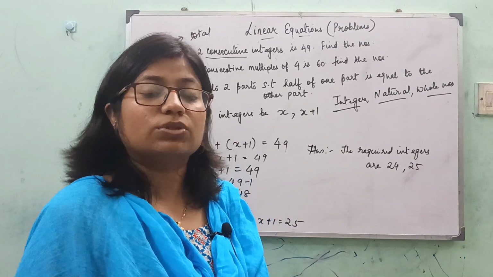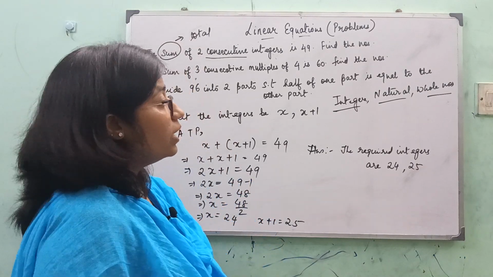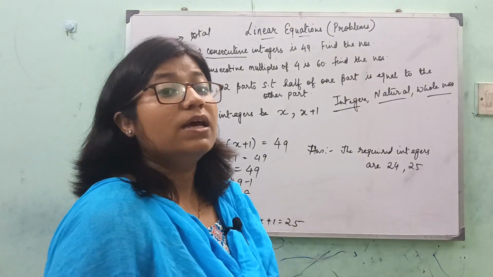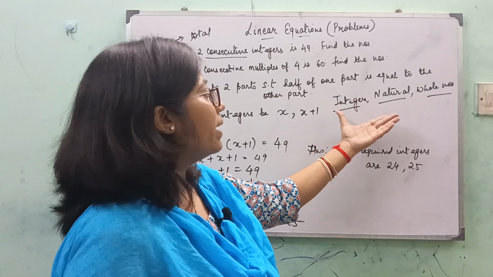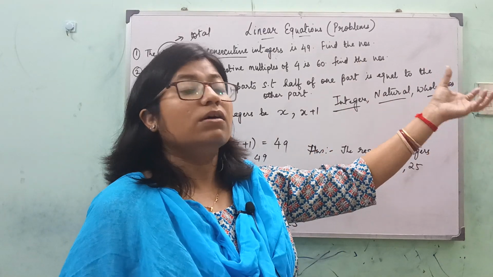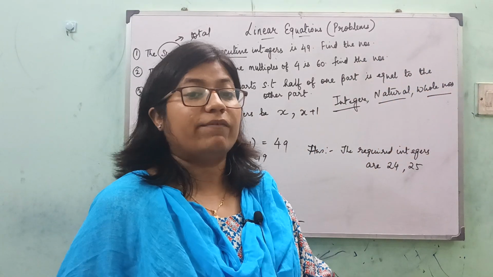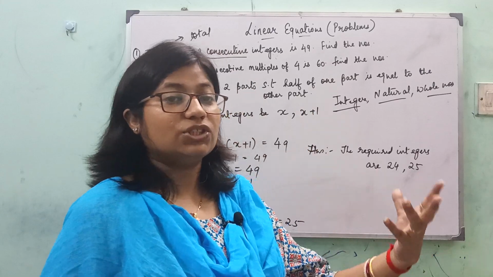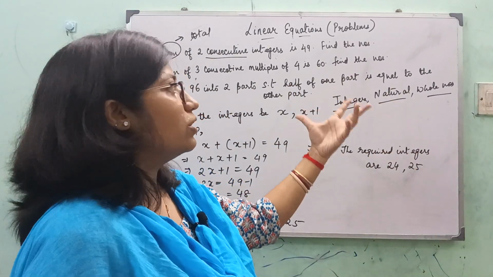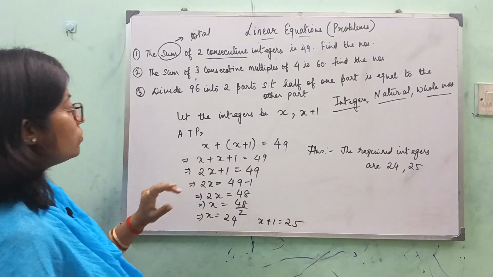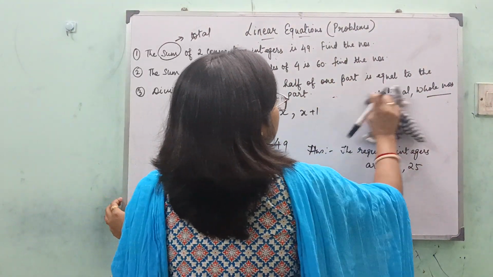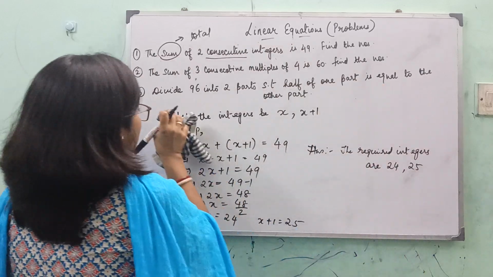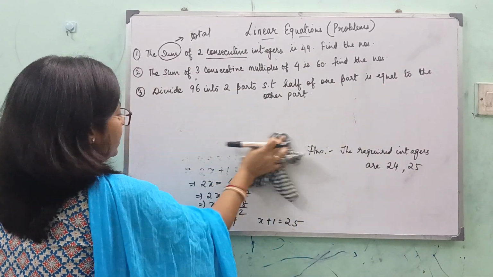Natural numbers also, the same thing, they will differ by 1. Whole numbers also differ by 1. And integers are also differing by 1. Since integers differ by 1, naturally whole numbers and natural numbers will also differ by 1, because the whole numbers and the natural numbers are a part of the set of integers. I hope you will keep this concept in your mind.